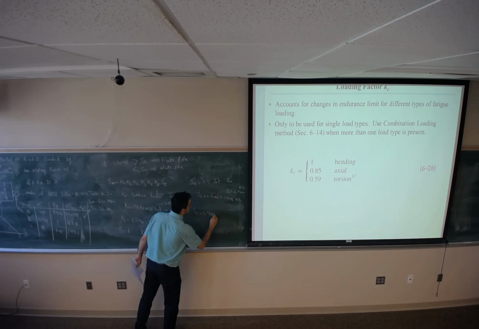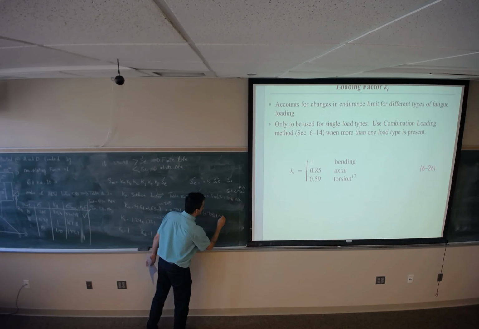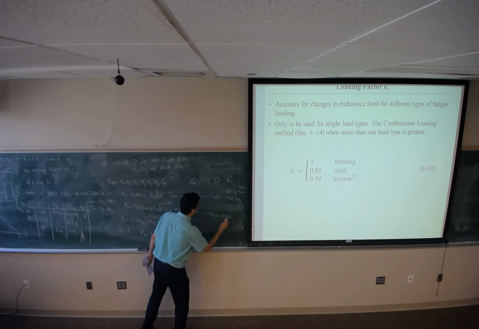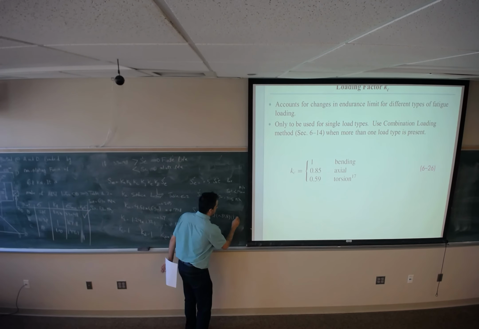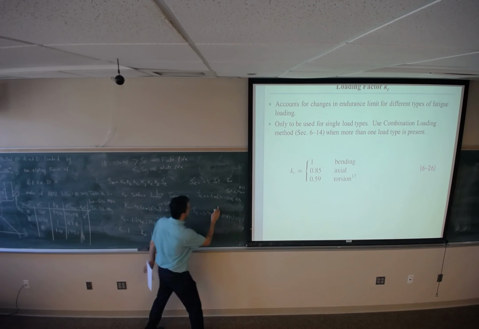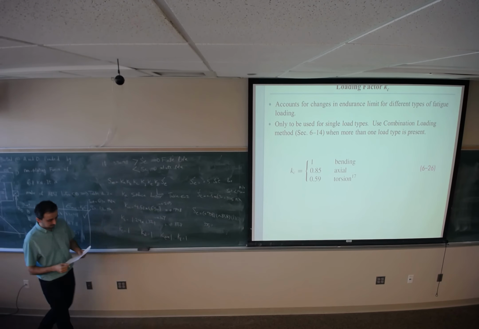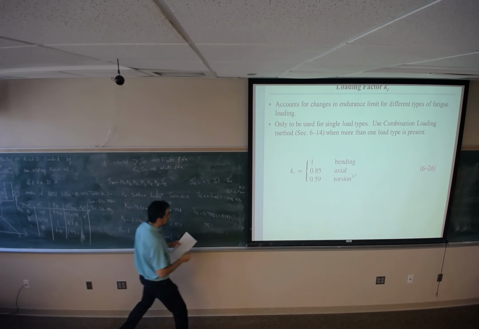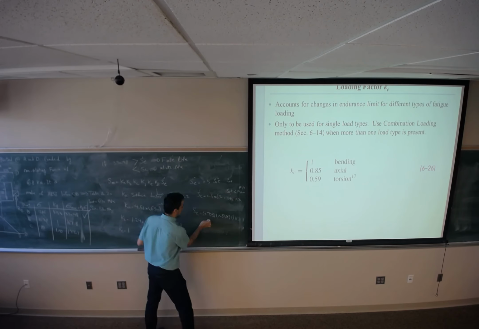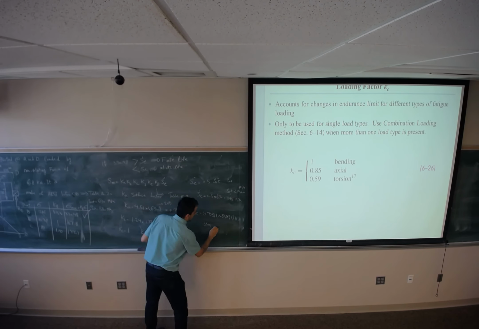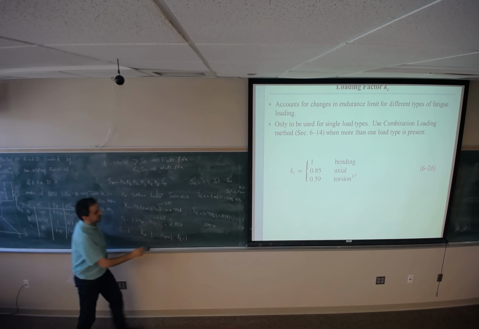Now find SE. SE would be 0.798, 0.858, KC is 1, KE is 1, and S prime e is 345. If you multiply, it's going to be 236.